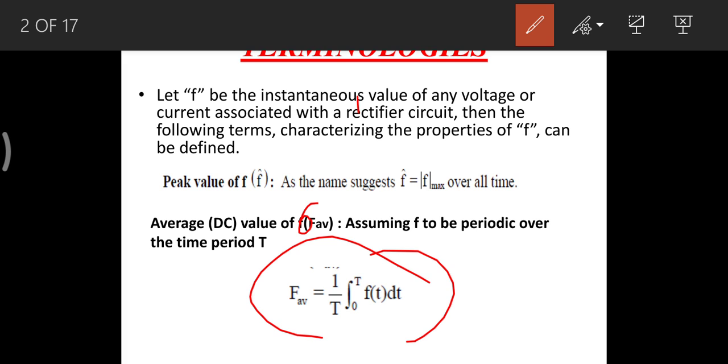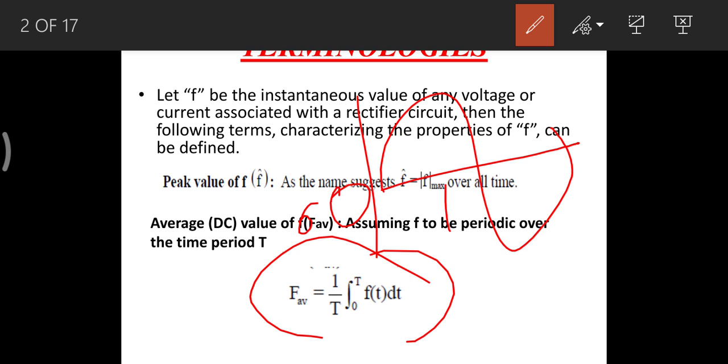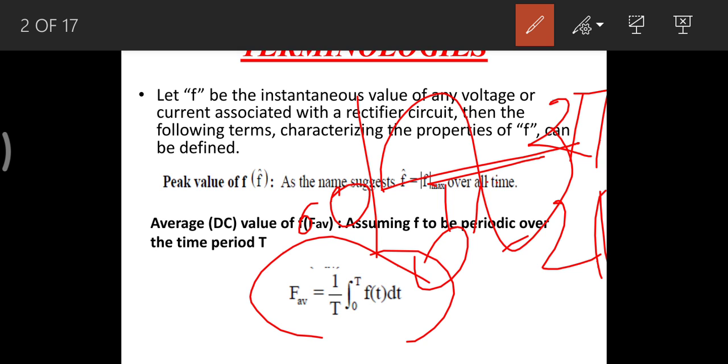See here, if you take the sine wave from 0 to pi, pi to 2 pi, and want to find the average value of this sine wave, we have to apply the limits of the time period as 0 to 2 pi.